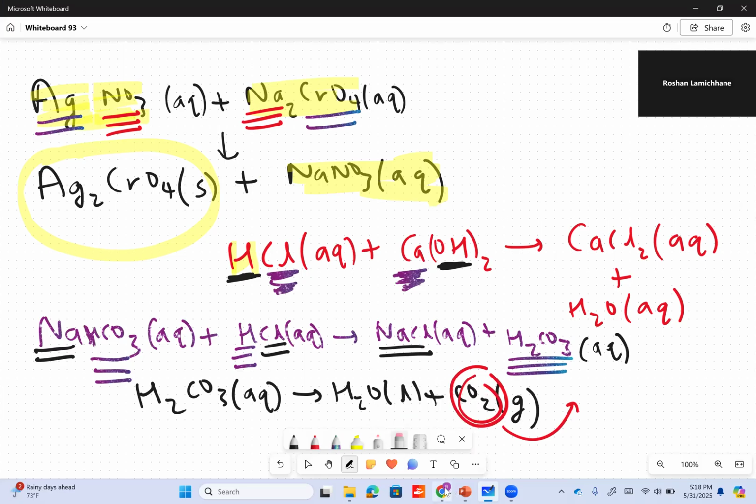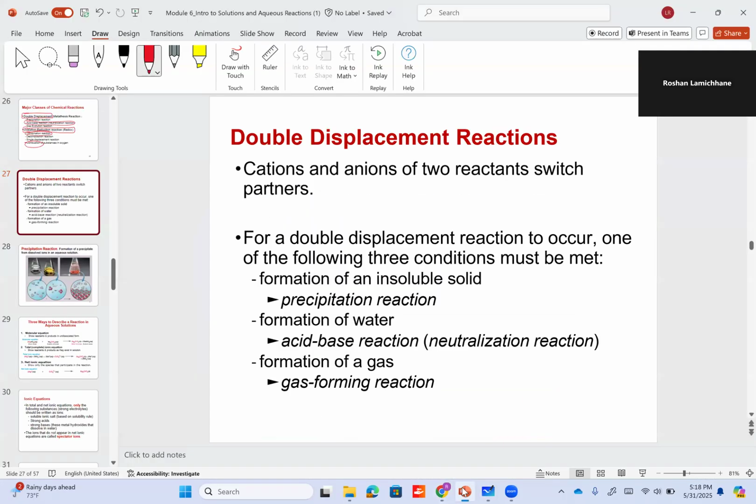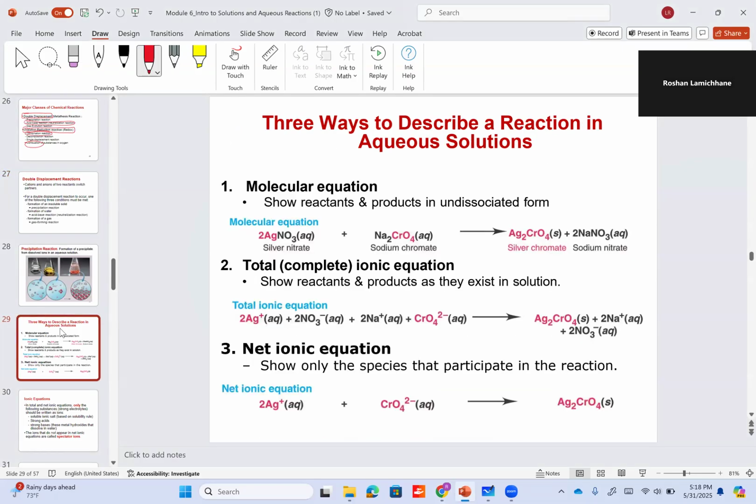Now, there are three ways to talk about these reactions whenever they're in an aqueous solution. The first is when you show all the reactants and products in their undissociated form. Keep in mind, silver nitrate is aqueous in solution. If I zoom in, remember, this has dissociated into silver ion and nitrate ion in water. But whenever I write a balanced chemical reaction, I do not show that.